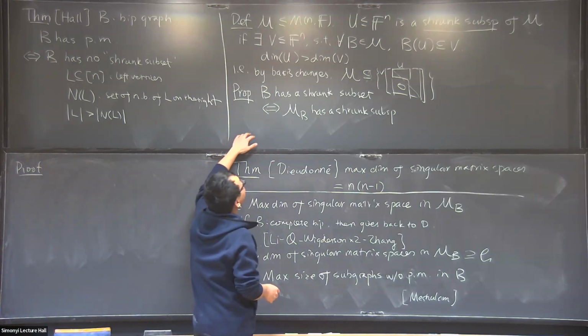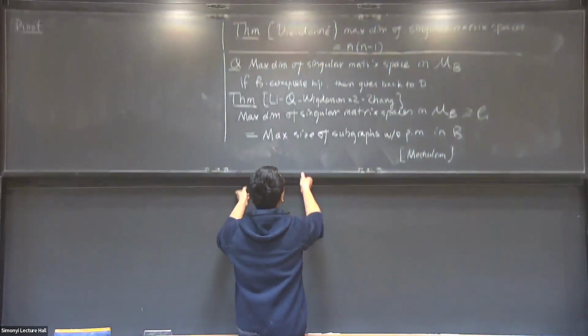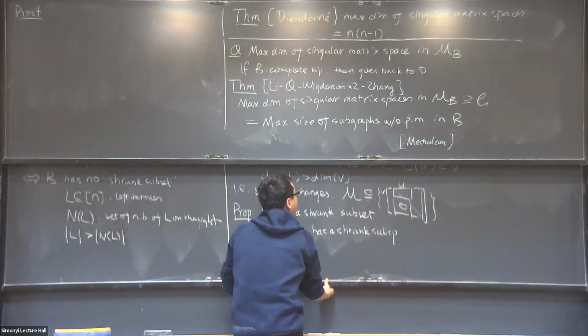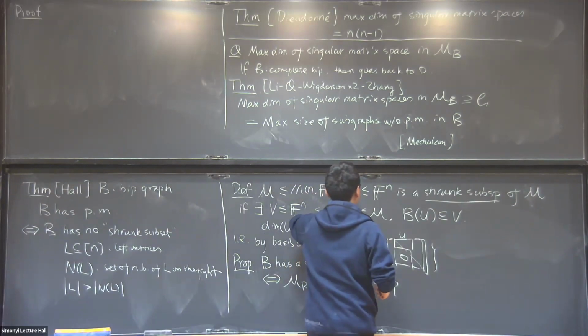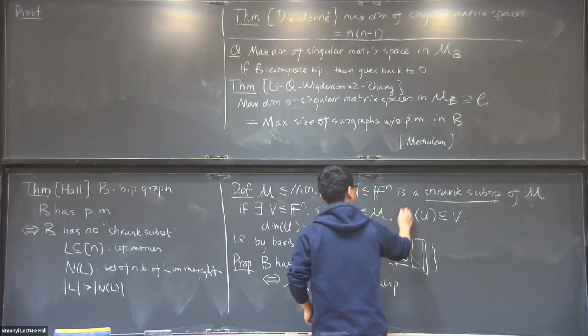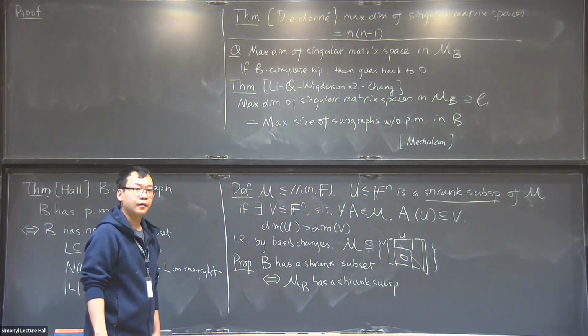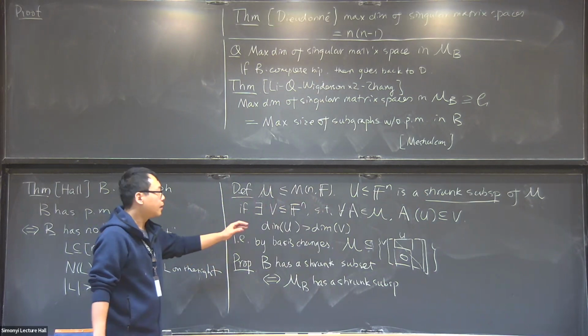Right, I probably shouldn't be using B. Sorry for the confusion. Yeah, so let's call it A. So you can just say that every A shrinks U, not to the same V. Is it equivalent? No, you want the same U and V.